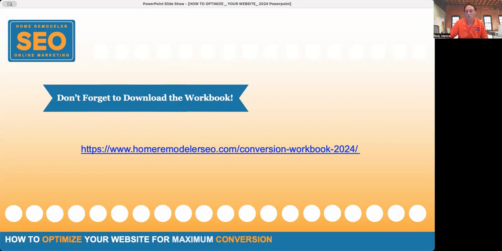But this worksheet lists the 12 critical elements for maximizing website conversions, as well as questions to ask yourself on whether your website is actually set up to convert at the highest level possible. I want you to be able to take this and implement it in your real world business and start to get results and start to increase lead flow and really close more jobs.